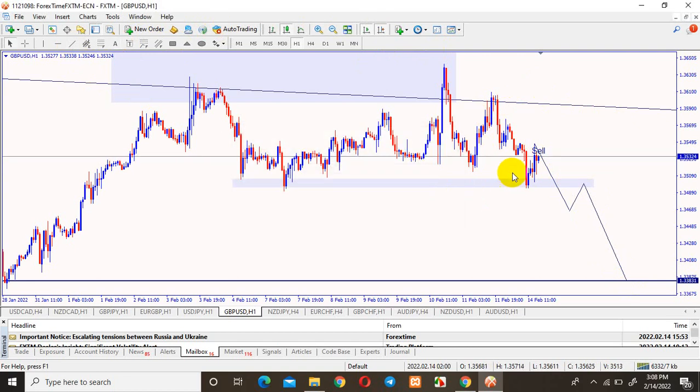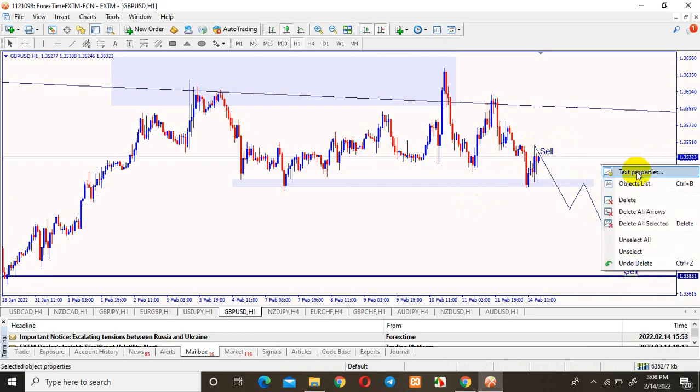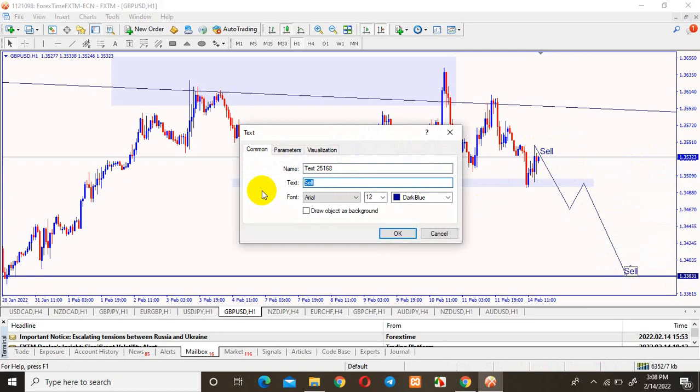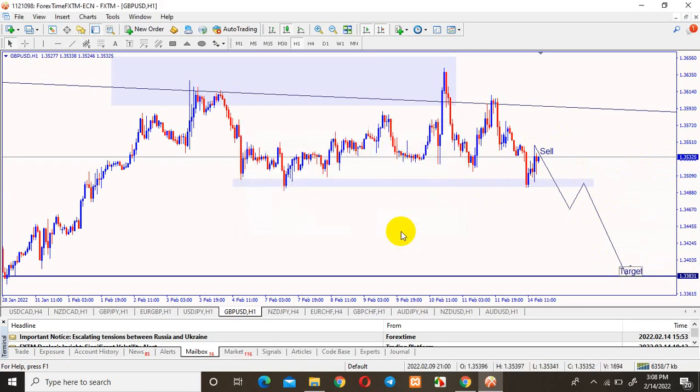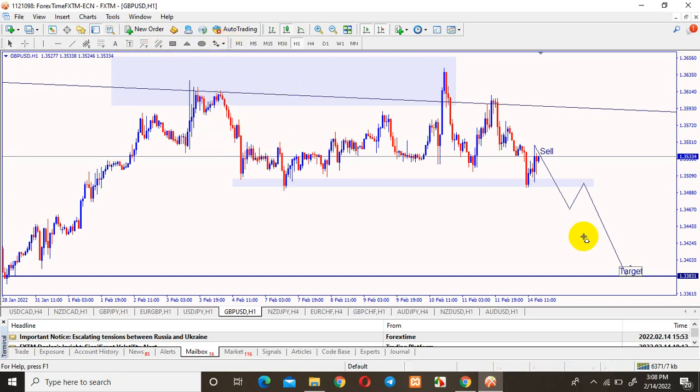Then we target 1.33. We target 1.3389. So that is our profit target.